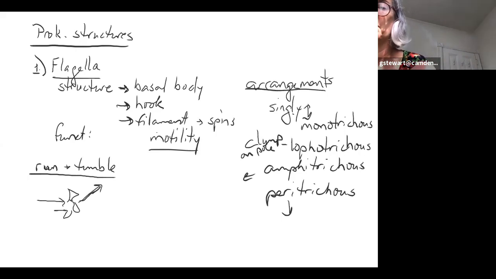The straights would be the run, the flopping around would be a tumble. And originally people thought for many, many years that the tumbling was completely random. It's not. The bacteria is actually sampling the environment.